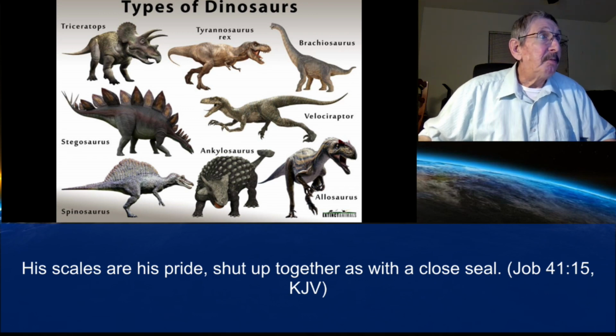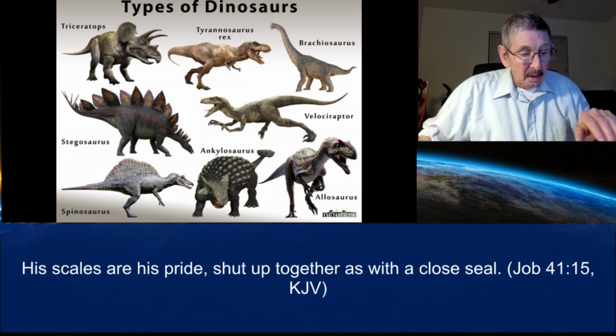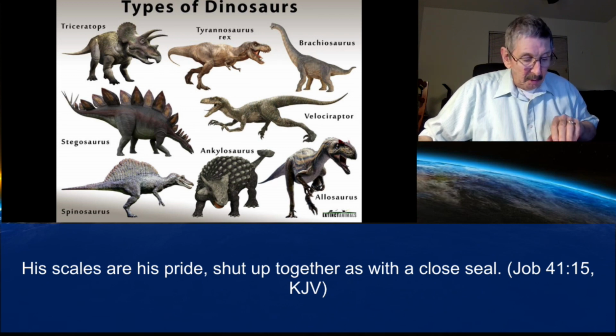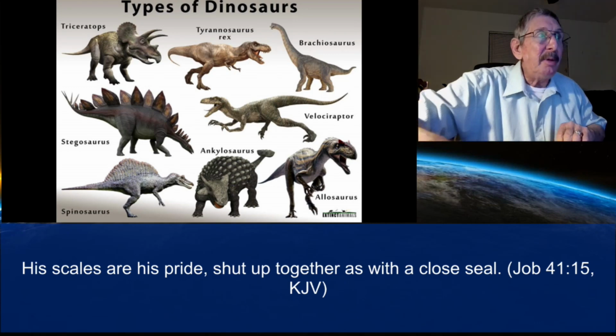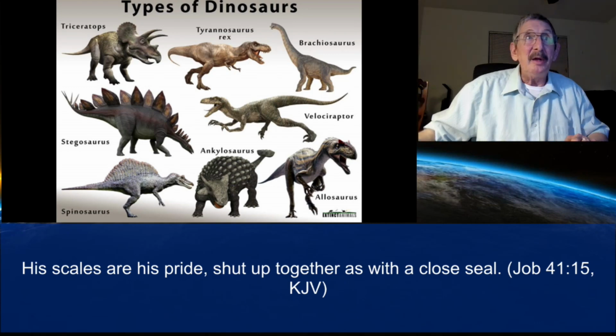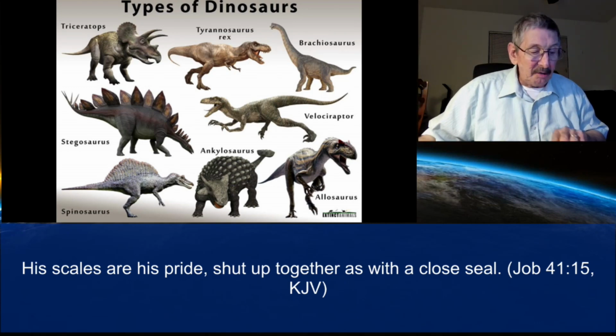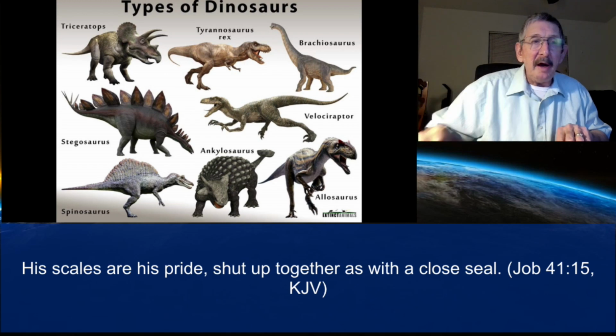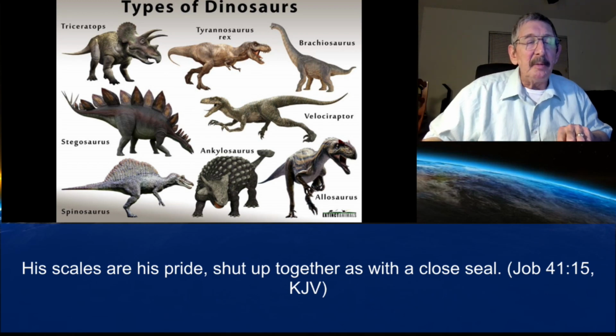Okay, so I don't want to spend too much time here because we've got other things to talk about. You're more than welcome to go read chapter 41 and pick out in there things that can help you to see that what God was talking about there was probably a T-Rex, or what we know as a T-Rex. And they breathe fire, and that's where the dragon theory comes from. You know that Chinese mythology talks about dragons all the time.